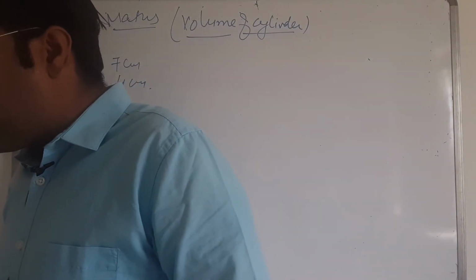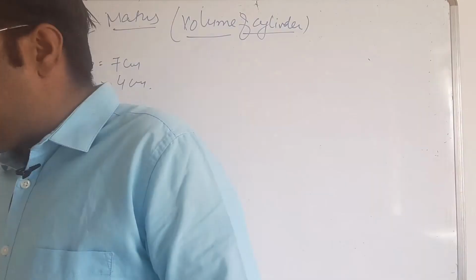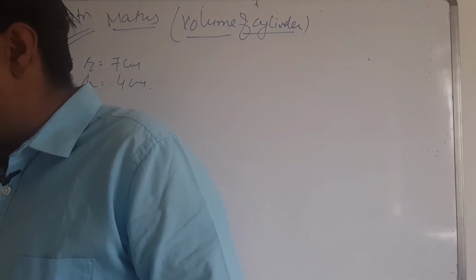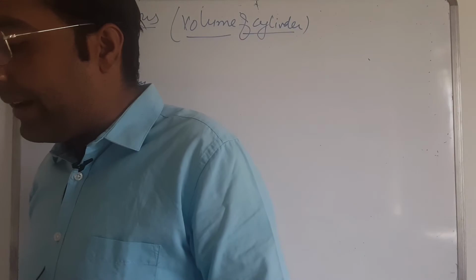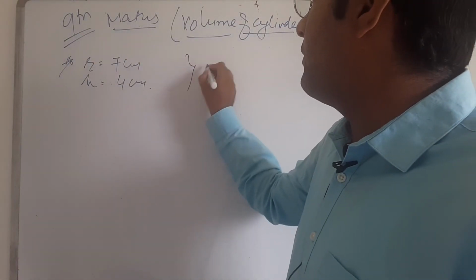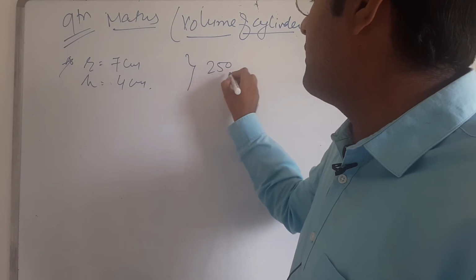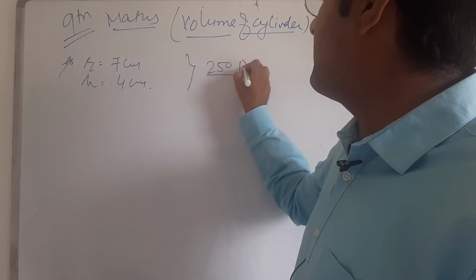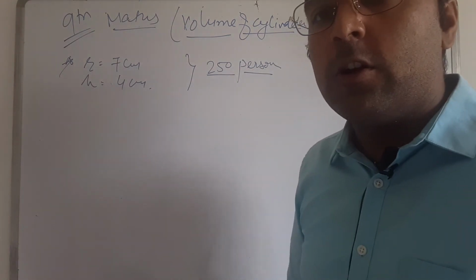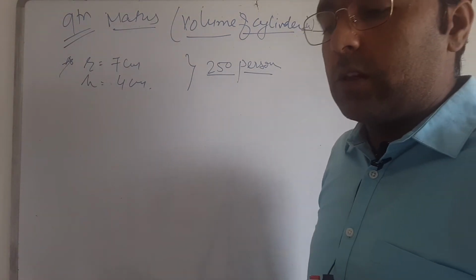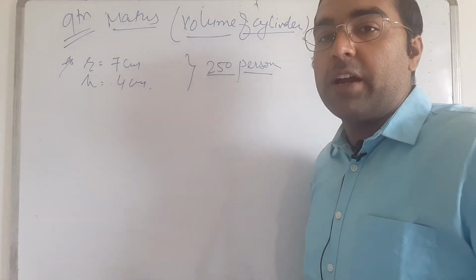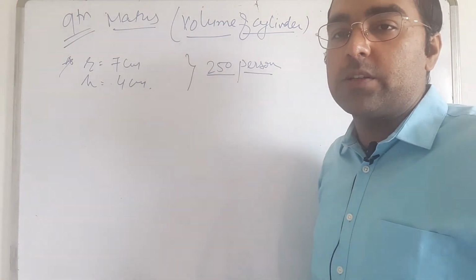Now how much soup the hospital has to prepare daily to serve 250 patients. 250 patients are in the hospital to be served the soup, so how much soup is required to serve 250 persons.